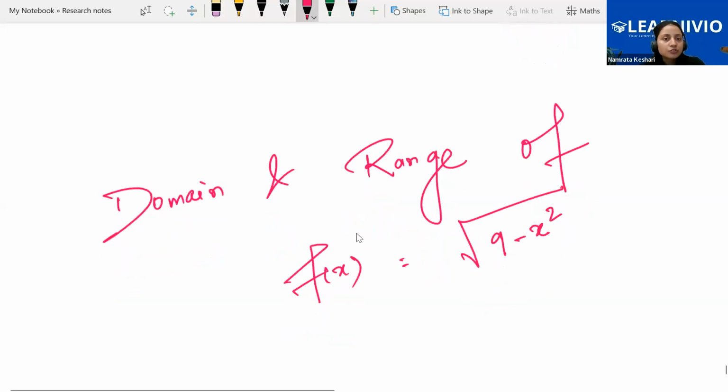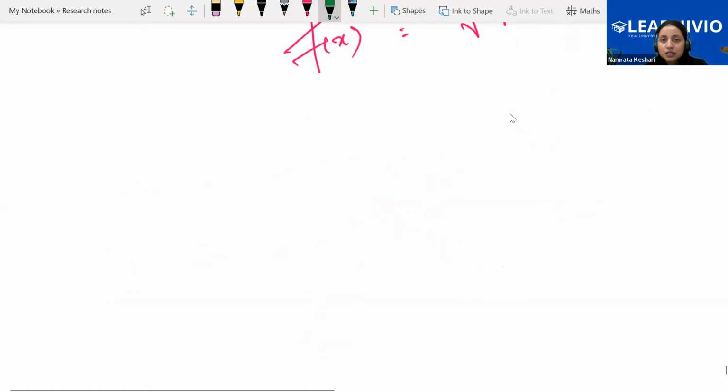Can you tell me how to find the domain and how to find the range of this function? Just a moment. Before coming to this question, let's discuss a few basic concepts related to functions.